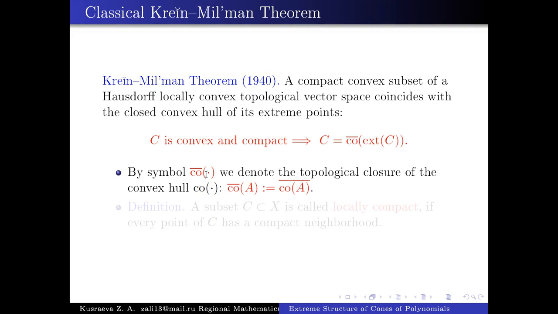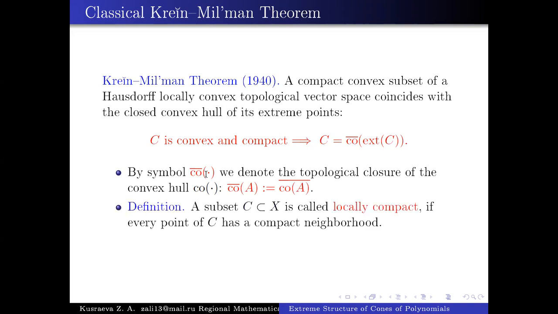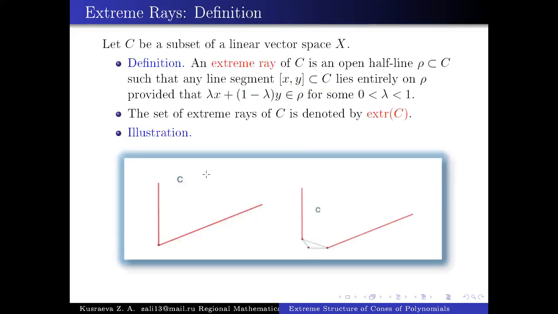For example, a Banach space or normed space is exactly what we need, and as a counterexample, a quasi-Banach vector space is not locally convex. And we will need the notion of local compactness. A subset C is called locally compact if every point of C has a compact neighborhood.